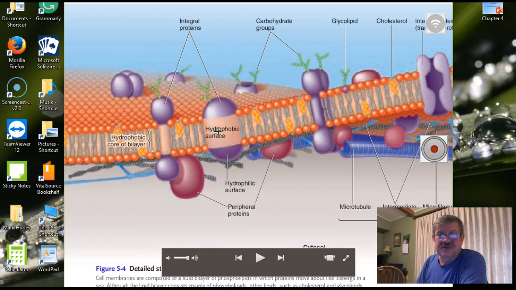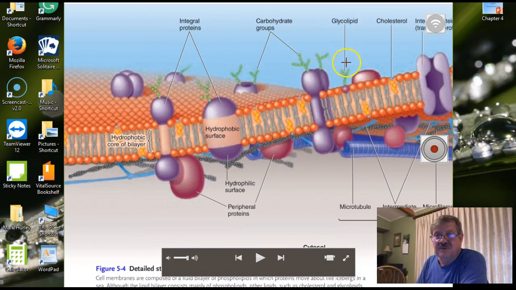The other thing to notice is these carbohydrate chains always extend to the outside of the cell, the outer layer of the plasma membrane. So these proteins with a carbohydrate chain are referred to as glycoproteins.